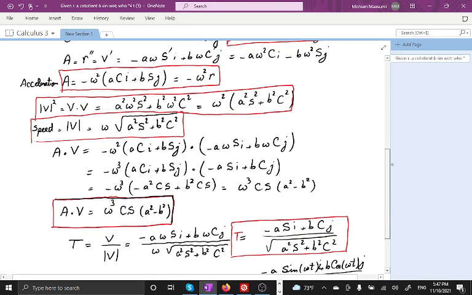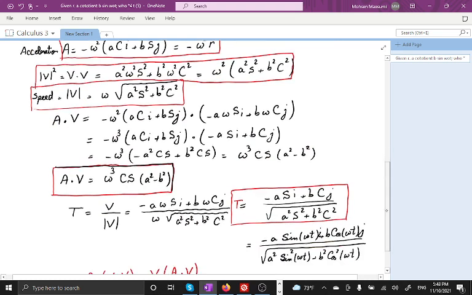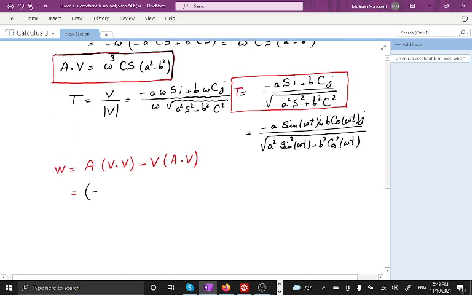I'm going to copy this acceleration here, or if you want to factor it, either way. So minus a omega squared c i minus b omega squared s j.